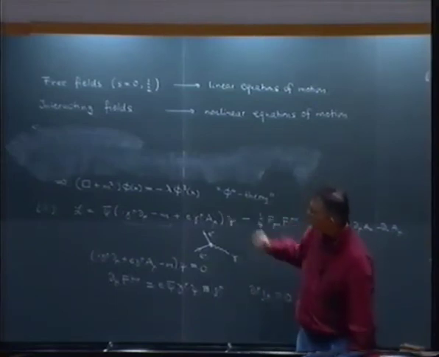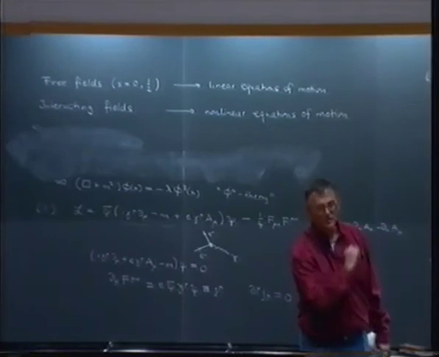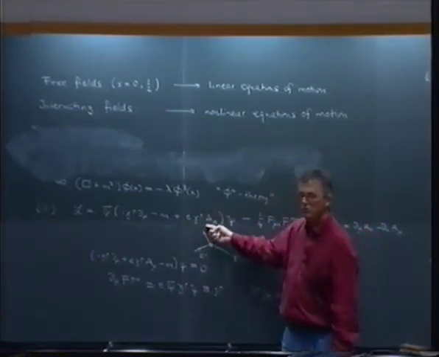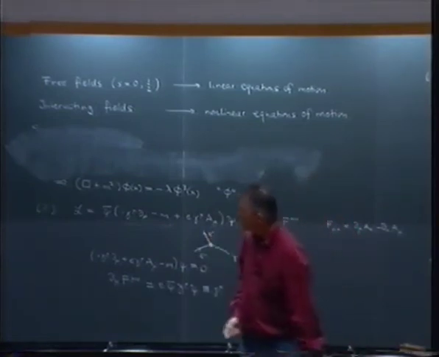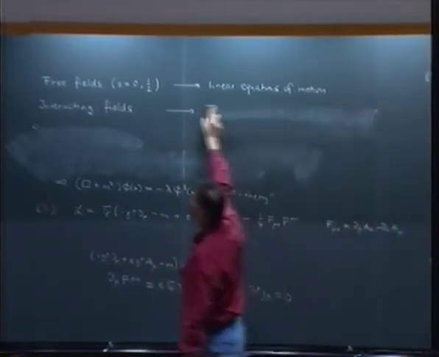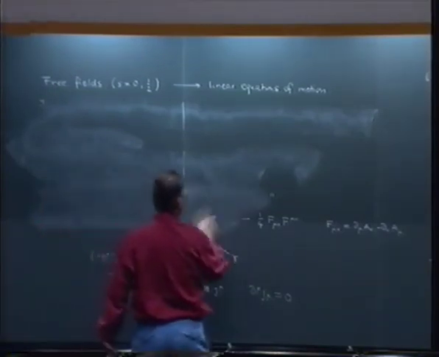So for example, in QED, if you impose this symmetry requirement, you are forced to introduce this term and no other term. And the same is true for non-abelian gauge theories or Yang-Mills theories.